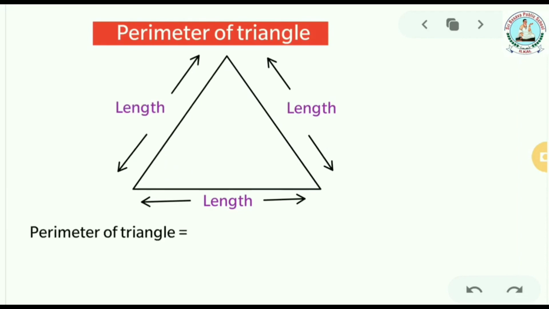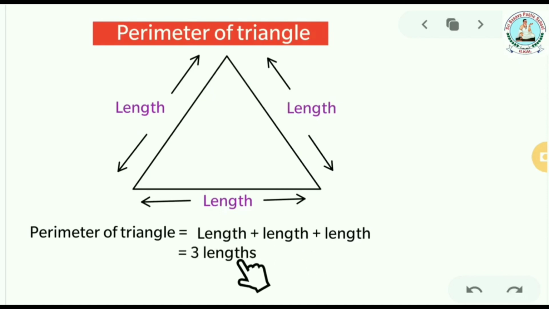Just add all these lengths: one length, second length, and the third length of the third side. So length plus length plus length. How many lengths are there? 3 lengths, and instead of 3 lengths we write 3L. This 3 shows there are 3 sides, and this L shows the length of one side.